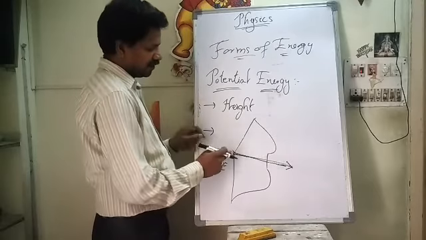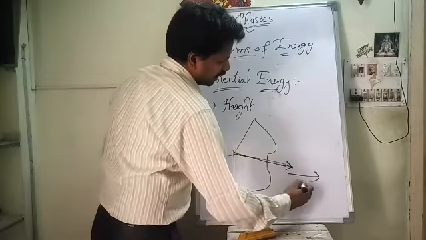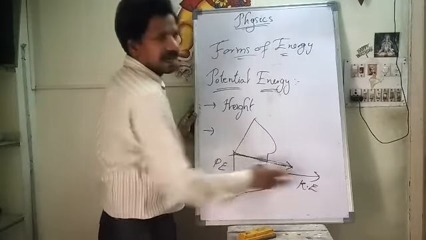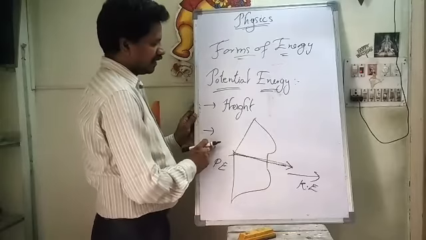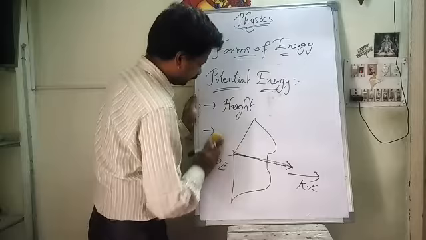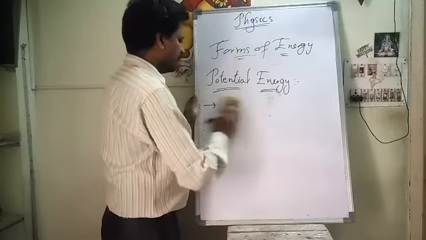If you leave the string, it moves with a great speed. That potential energy changes into kinetic energy. See, you remember that is potential energy. Different types of potential energies are there.